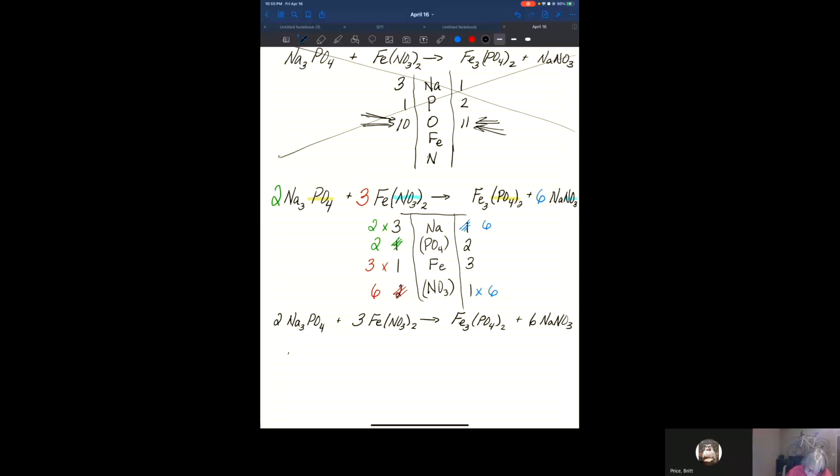Again, my approach here was, if we have a polyatomic ion that is the same in reactants and products, balance them as a unit.